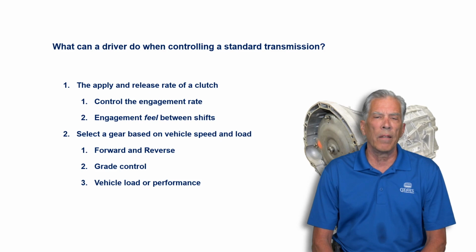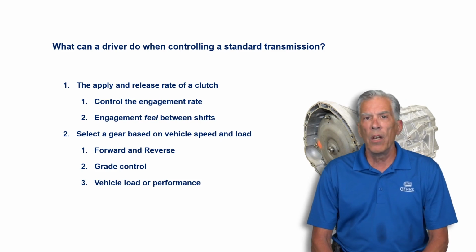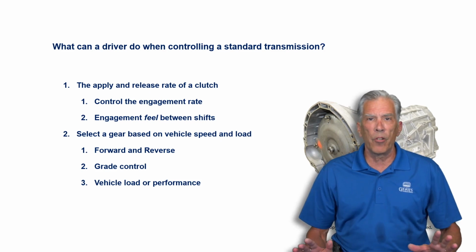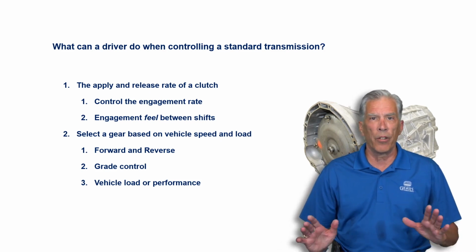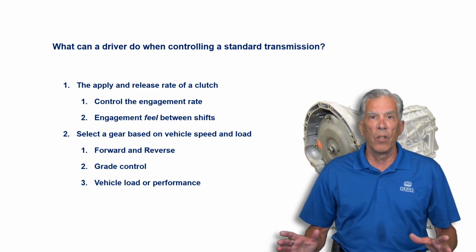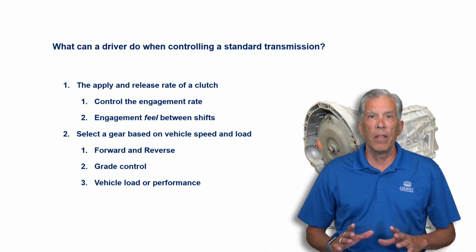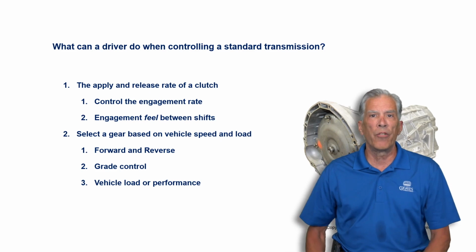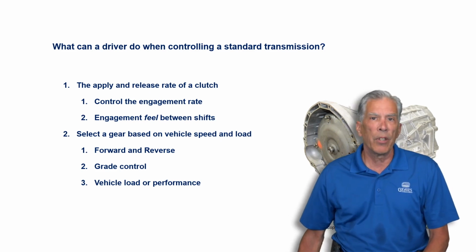If you're in a vehicle with a standard transmission, you're going to vary how you operate that transmission and clutch based on whether you're driving alone or you have 5 passengers, whether you're in a truck that's empty or one that has a half a ton of bricks in the bed. So based on the load, you'll change your driving parameters on a standard transmission.